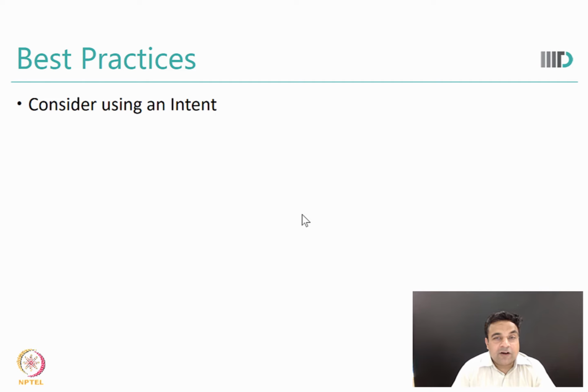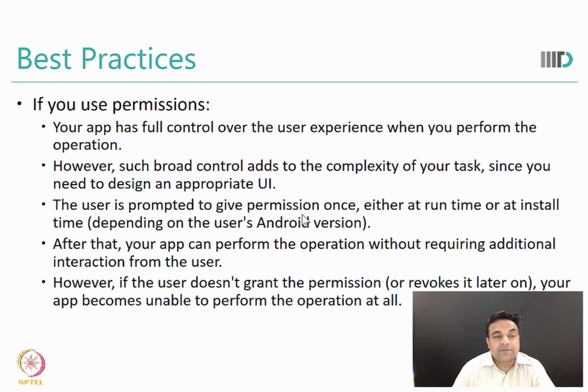In this case, I will not have to ask for permissions. So just to recap, I had a choice: either ask for permissions to use the camera or use an intent for using the camera. For intent, no permission required. For the other, permission is required.